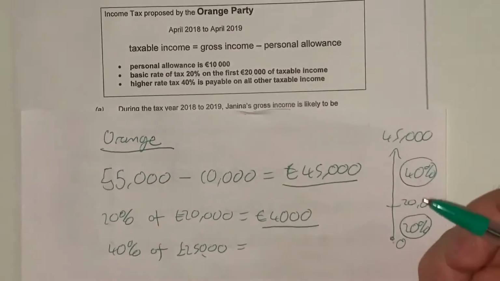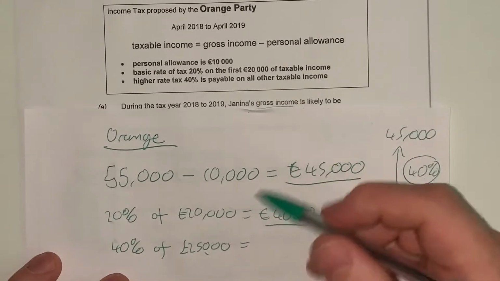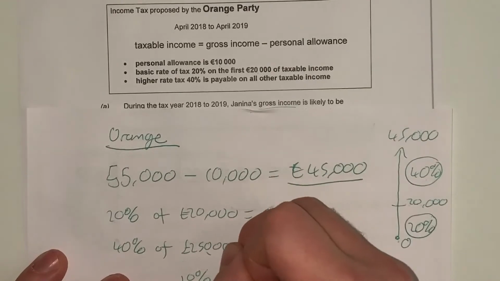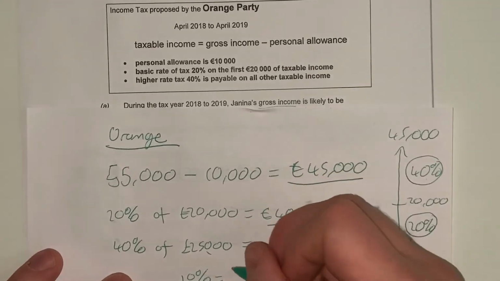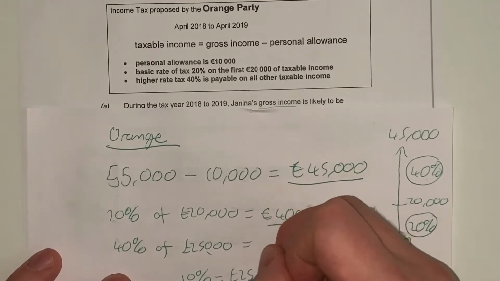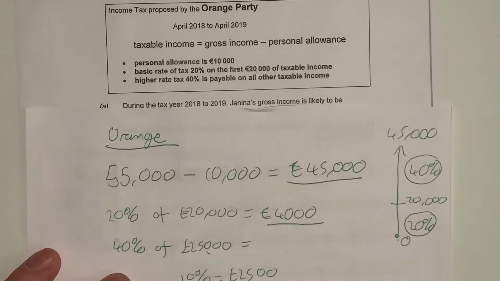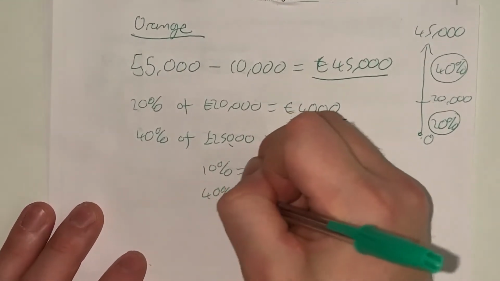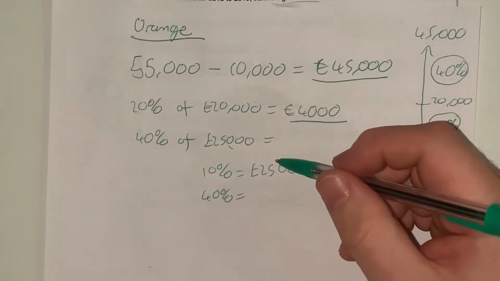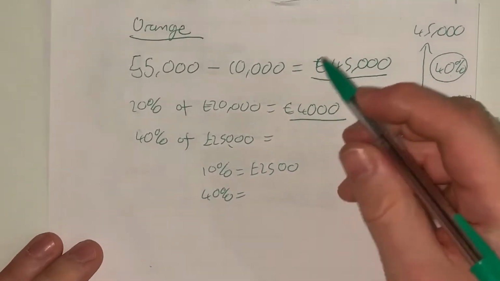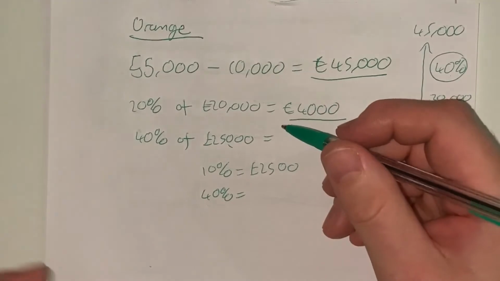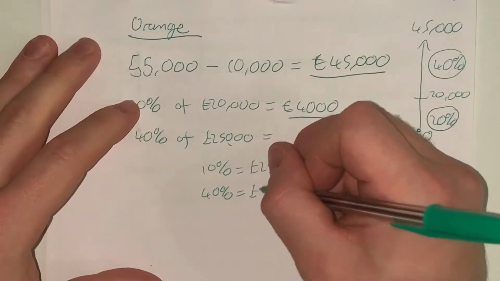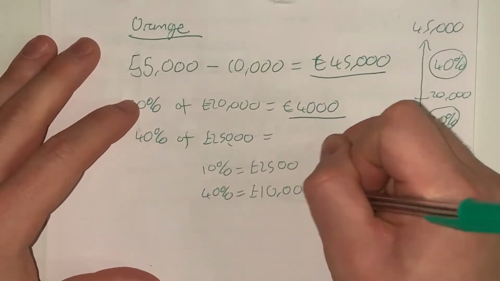Okay, how am I going to do that? Well, I'll probably have to do a bit more than just doing this in my head, so I'll do that below. 10% is going to be 2,500. Okay, so 40% is going to be 4 lots of 2,500. So if I double it once, that's going to give me 5 grand, and double it again, it's going to give me 10 grand.